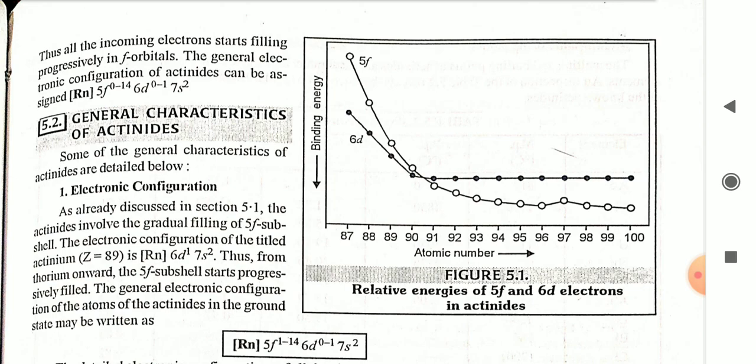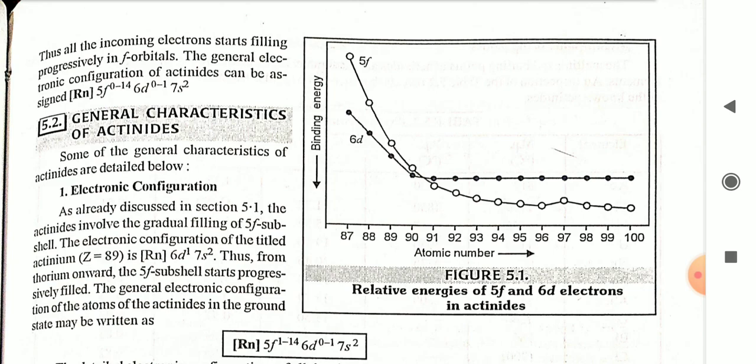General characteristics of actinides. Some of the general characteristics of actinides are detailed below. Electronic configuration. As already discussed in section 5.1, the actinides involve the gradual filling of the 5f subshell. The electronic configuration of the titled element actinium, Z equal to 89, is Rn 6d1 7s2.